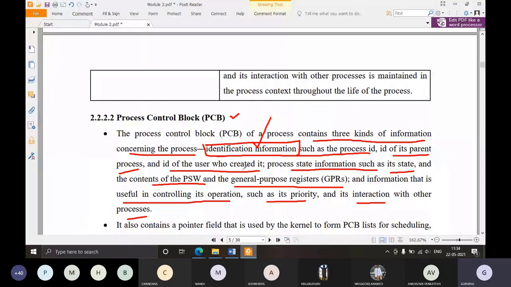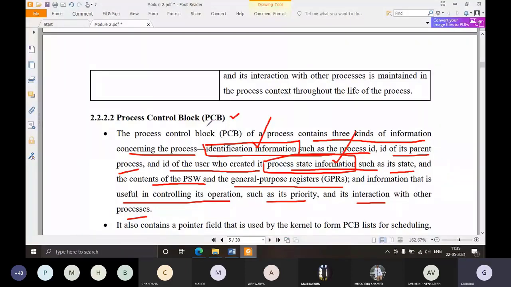There can be multiple users of a system, so which user has created that process is also kept track of. This is the first information. The next is process state information, in which the GPR contents, PSW and process state are kept. We shall discuss each in detail later; a process can be in different states, and we shall see which those are.